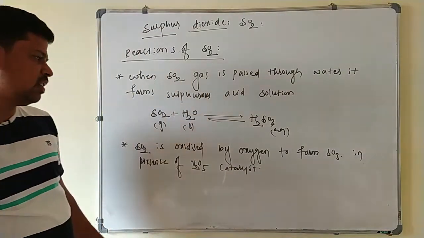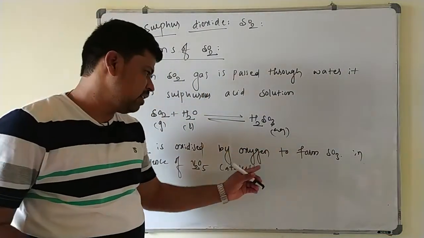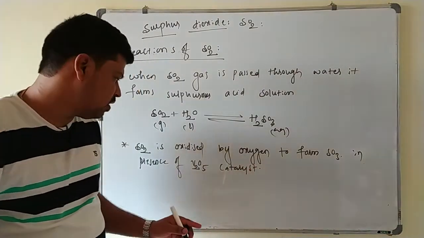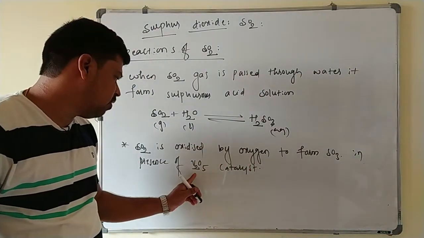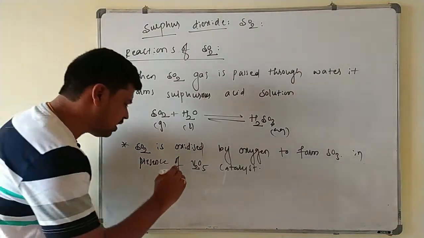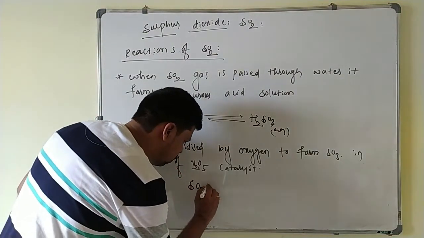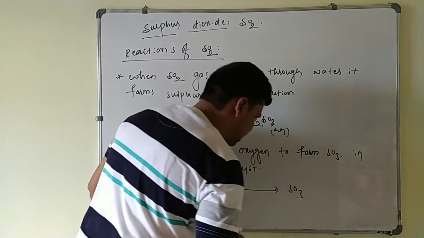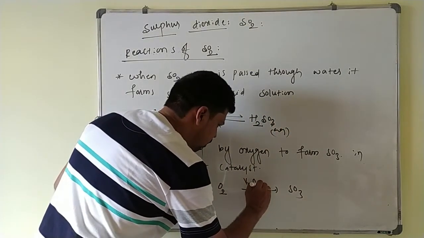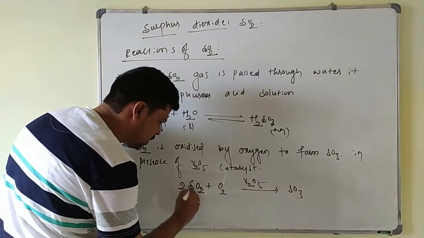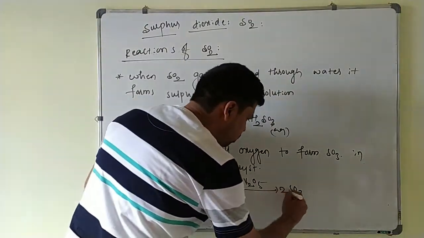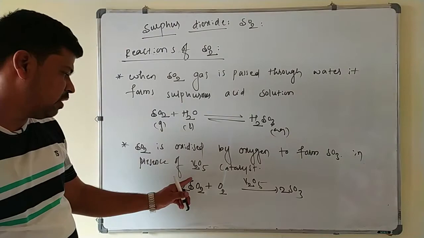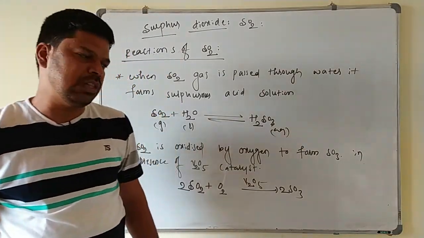Simply this SO2 is oxidized to the SO3, that is we call it as catalytic oxidation, because this oxidation takes place in presence of what? V2O5 catalyst here. So if I take SO2, this will combine with oxygen to form SO3, that is in presence of V2O5 catalyst. 2 times of SO2 combines with O2 to form what? 2 times of SO3 here.